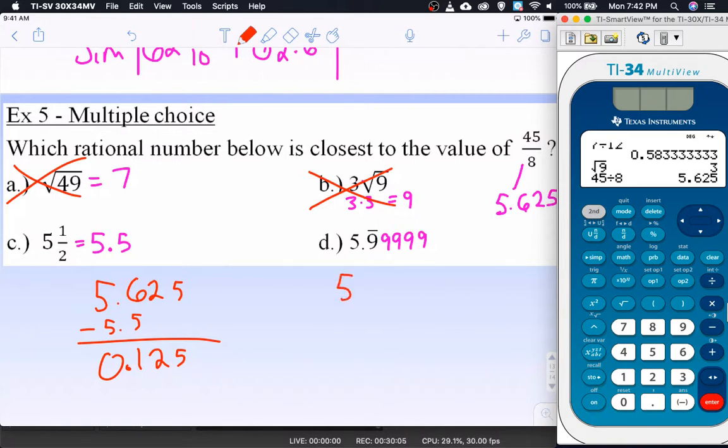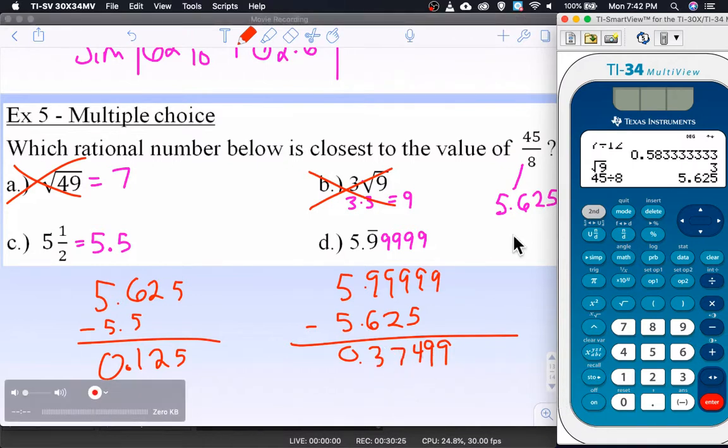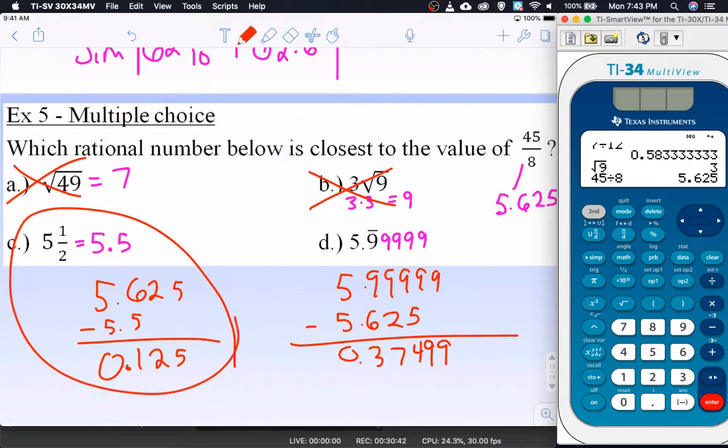If I do the same thing here, 5.99999 minus 5.625, I would get 0.374999999. So these numbers are 0.374999999 apart. Well, letter C is closer. Its difference is smaller. The difference between the two numbers is not as big. So that's the one that's closest to 5.625.